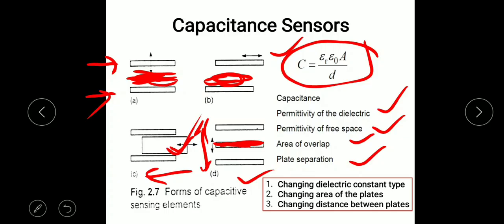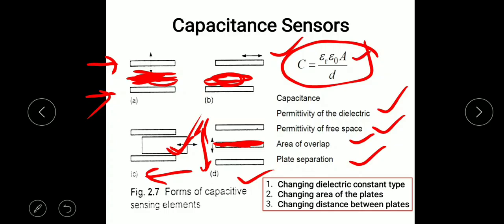In the equation of capacitance, area is an important term. If we are varying the area of the plates, or increasing the area of the top plate or bottom plate, we can change the capacitance, and according to that we can sense motion or displacement.